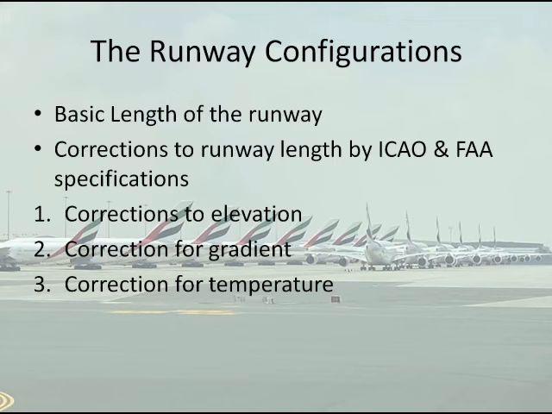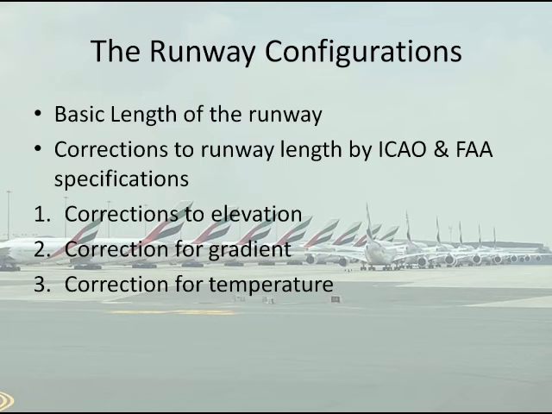The length of runway based on the following assumed conditions is known as the basic runway length. First, no wind is blowing on the runway. The aircraft is loaded to its full loading capacity. The airport is situated at sea level. There is no wind blowing on the way to the destination.